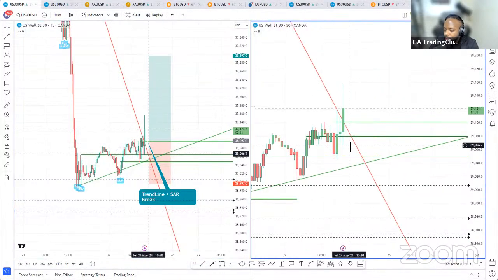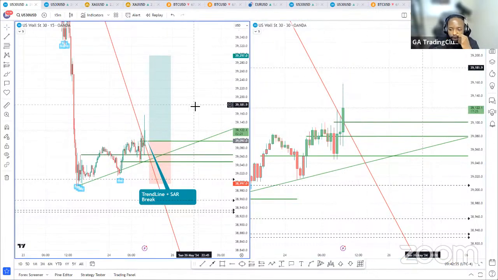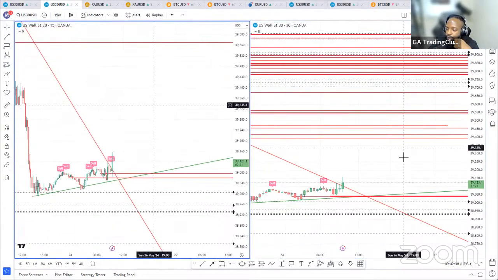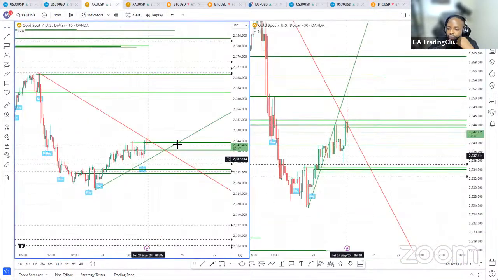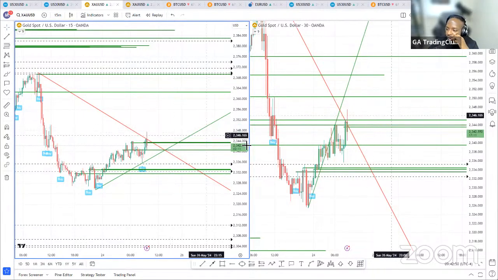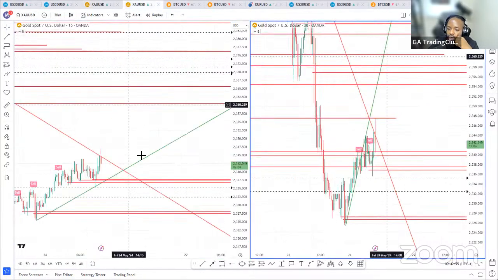Also on the 30-minute time frame, this would be similar. This would be a break entry, trendline and SAR break. For sells, we don't have anything because we haven't been down here in a minute, so we barely have any sell SARs. For this one on gold, what do we see here? Nothing for buys that I can see unless this 30-minute closes above that trend line.